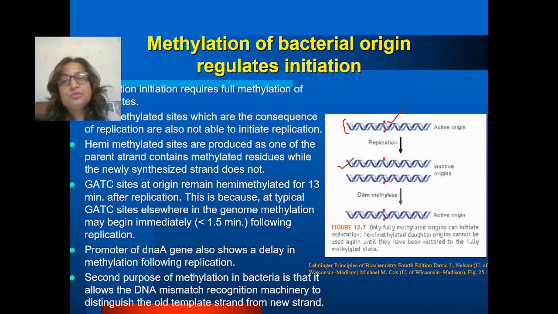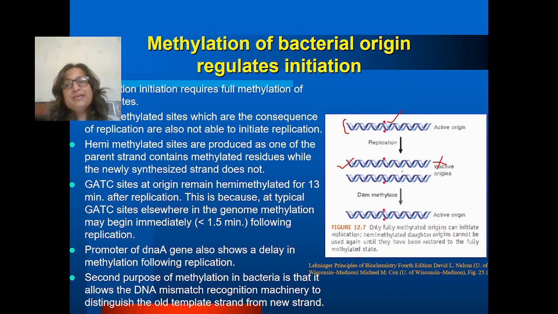Because out of both the methylated parent strands, one strand is contributing to the new daughter DNA. As a result, only half of the DNA is methylated now. And in this condition also, replication cannot initiate. Hemimethylated sites, which are the result of replication, are also not able to initiate replication.